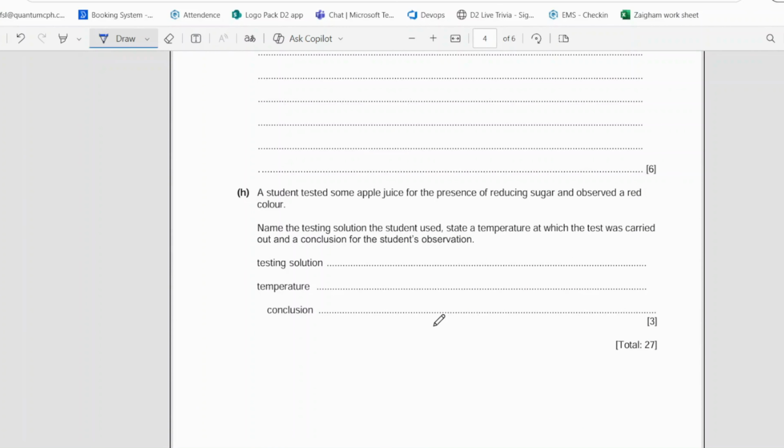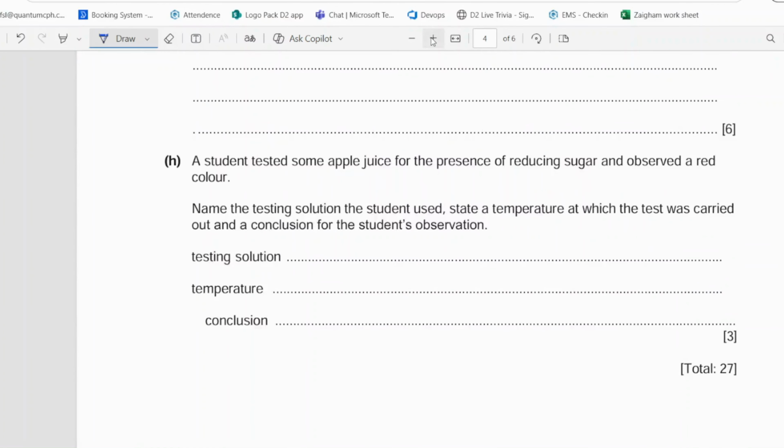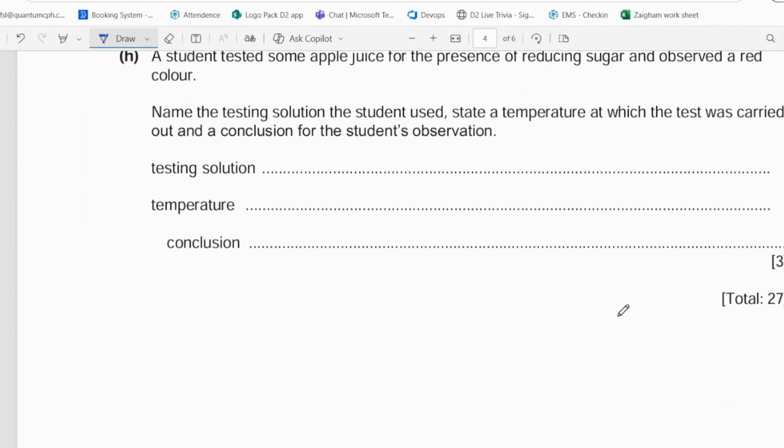Now the next question is: a student tested some apple juice for the presence of reducing sugar and observed a red color. What is the name of the solution that the student has used for reducing sugars? What test do we carry out for reducing sugars?